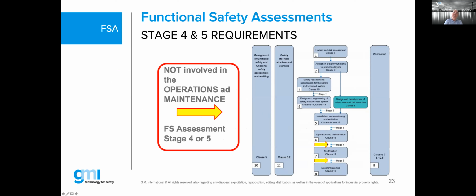Well, if I try to make a simple answer, assume that your proof test interval is, let me give you a number, 5 years.